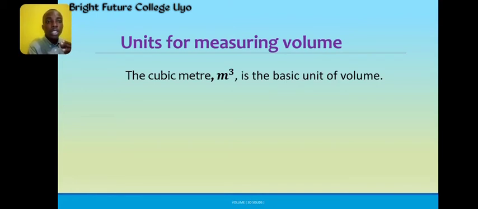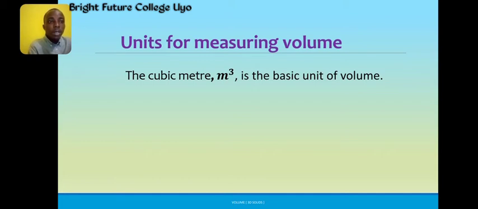But before we calculate, I need you to understand that there are units of measuring volume. Just like we have units in measuring area, centimeter square, meter square, millimeter square, we also have in volume, we are now dealing with cube, raised to power 3. We call it cube sometimes. Some persons also call it raised to power 3. It's either you say cubic meter or you say meter cube, either way.